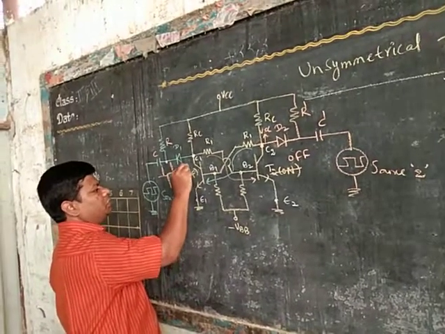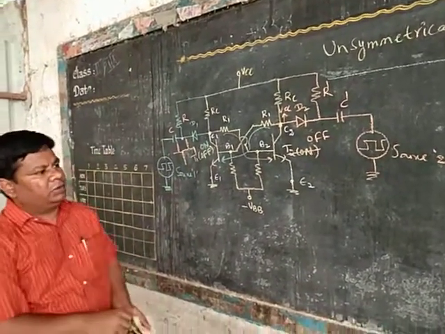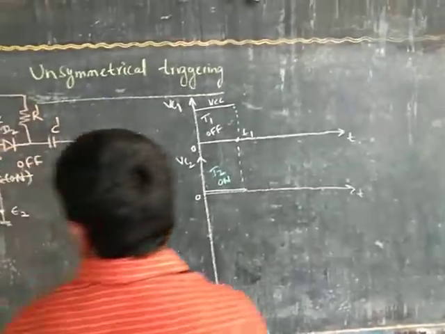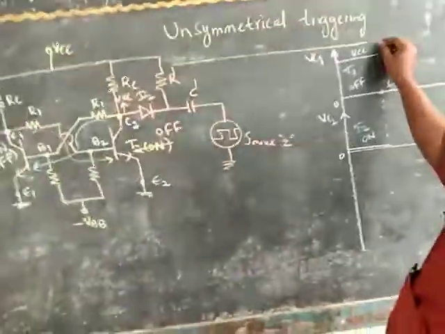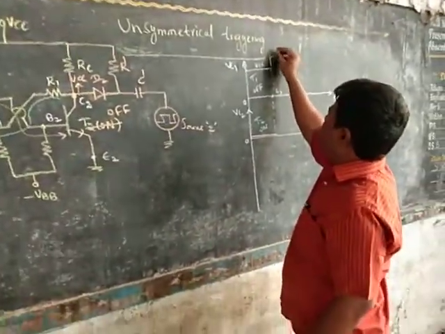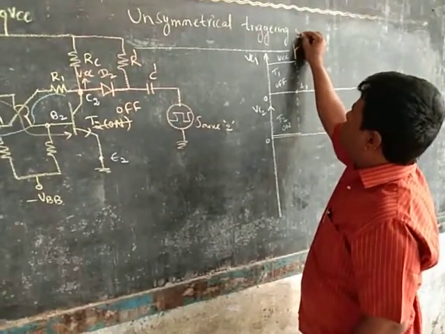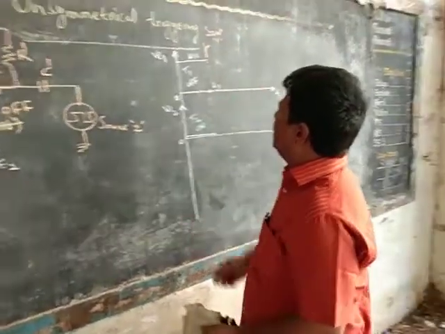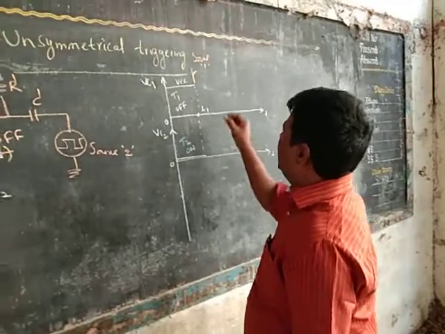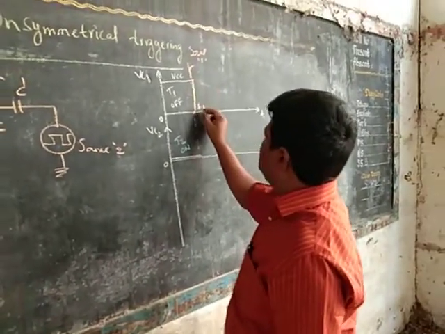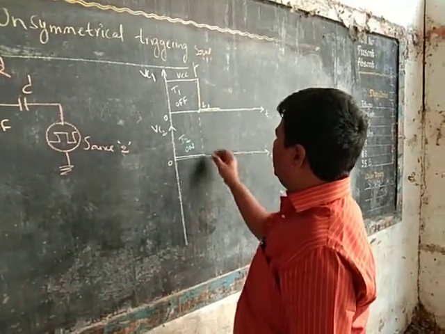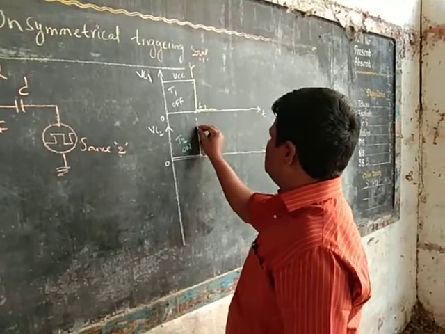T1 enters into on. Now at t equal to t1, triggering is applied. This is due to source 1. Now the states have changed. T1 enters into on, T2 enters into off.